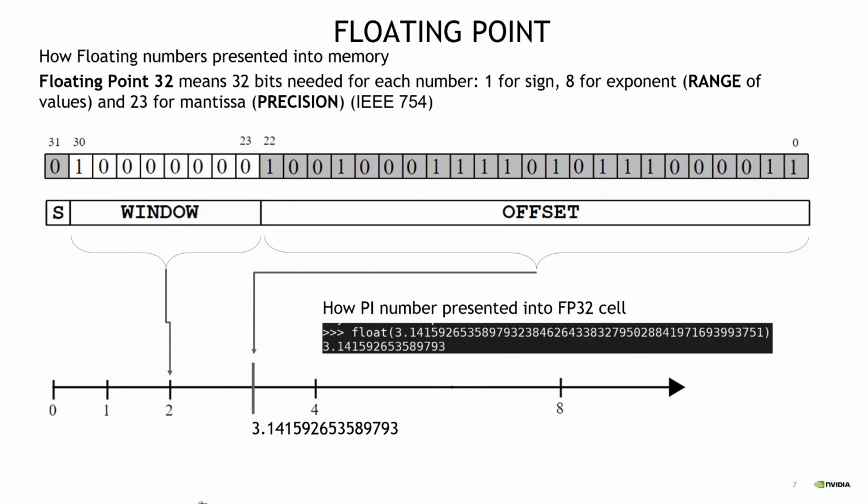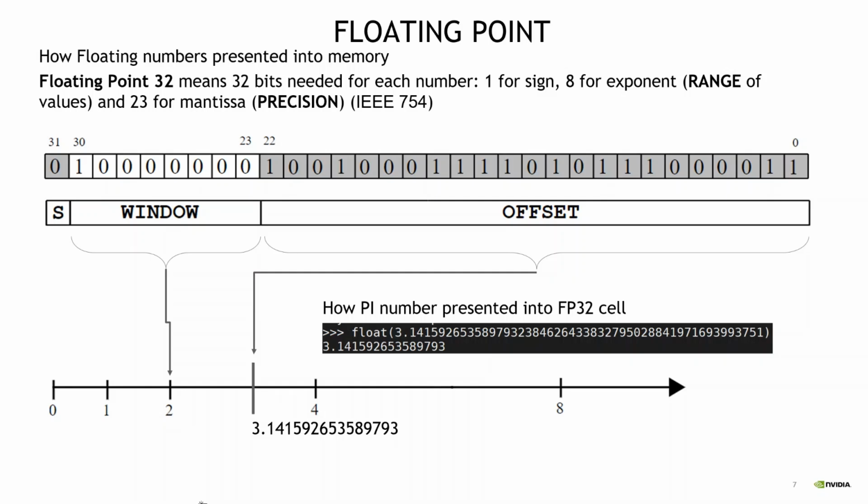The window, or exponent, stores powers of 2 values. So it only shows between which powers of 2 our number is placed. Between 2 and 4, between 4 and 8, between 8 and 16, etc. The mantissa clarifies the position of our number in this window.